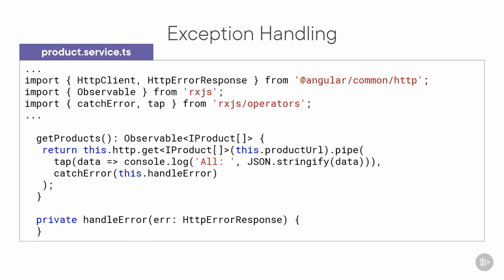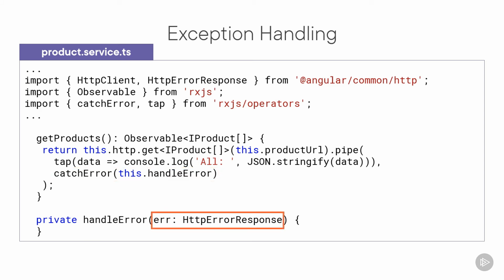As we discussed earlier in this course, to use these operators, we access the pipe method of the observable. We then pass in the operators, separated by commas. Here, the tap operator logs the retrieved data to the console. That way we can verify it's been retrieved correctly. And the catch error operator takes in an error handling method.